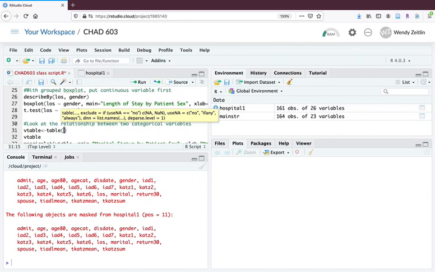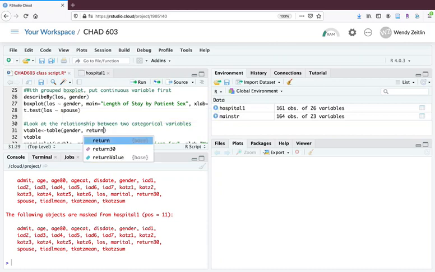Let's examine the relationship between patients' sex and whether or not they return to the hospital within 30 days. Let's just begin by putting gender and return30. And notice that there is a comma between each of these.